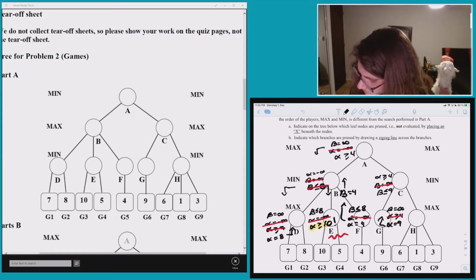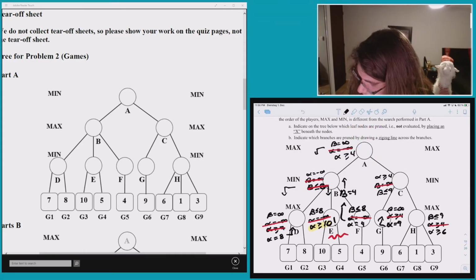Next level. The alpha at the min level is still greater than or equal to 4. Oops, I should have written beta first. Beta is less than or equal to 9. Alpha is greater than or equal to 4. I evaluate the 6.